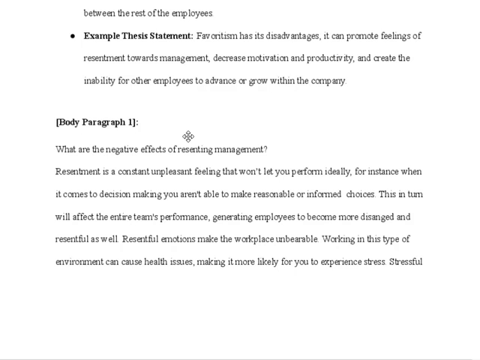So excellent work, and for you other students, I hope you understand the importance of having a good thesis statement as a roadmap to your paper. If you have any questions, feel free to email me.